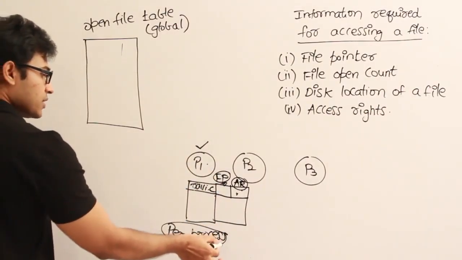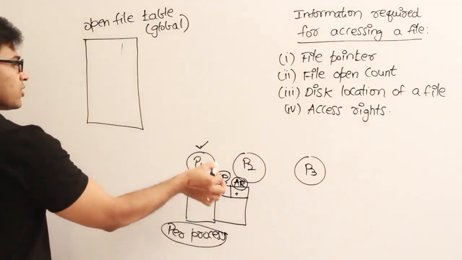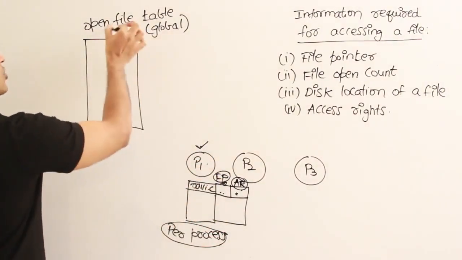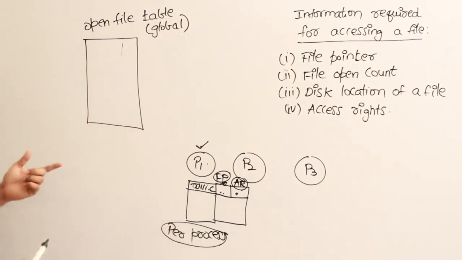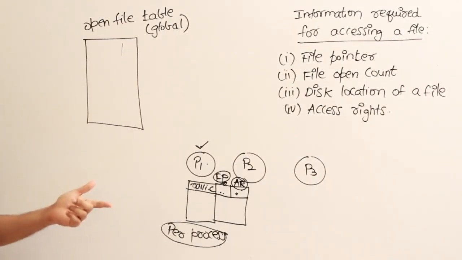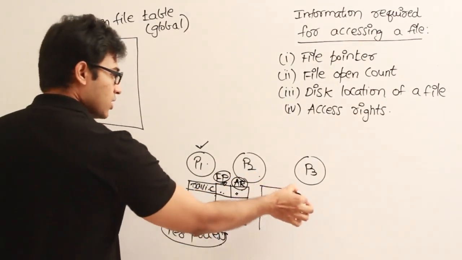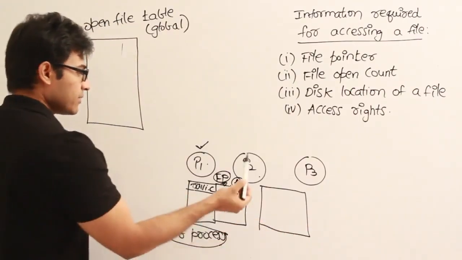So the per process table will contain the information which is relevant for a process in order to access the file, and the global file table will contain the information which is relevant for every process in order to access a file, right?